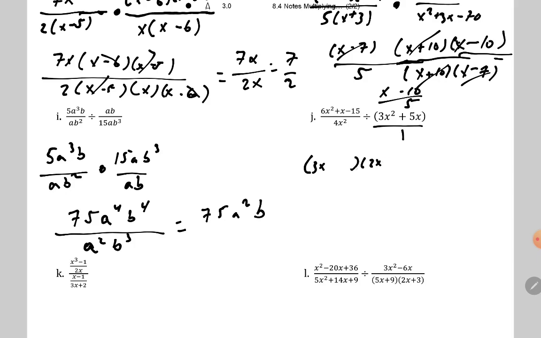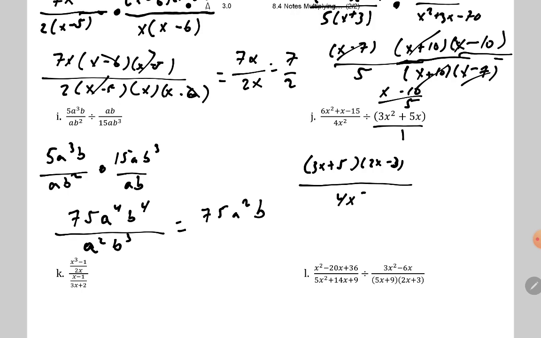And then factors of 15, 5 and negative 3. Let's see if that works. 3x times 2x is 6x squared. 3x times negative 3 is negative 9. Plus positive 10x. Yep, that works.